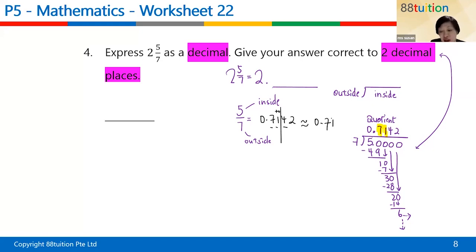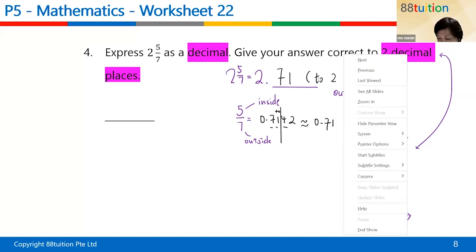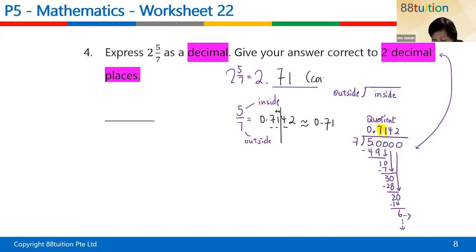So then you will get 0.71. But when you write there, it's 2.71. Okay? And then open bracket, to 2, correct. Put there, correct to 2 decimal place. Okay?